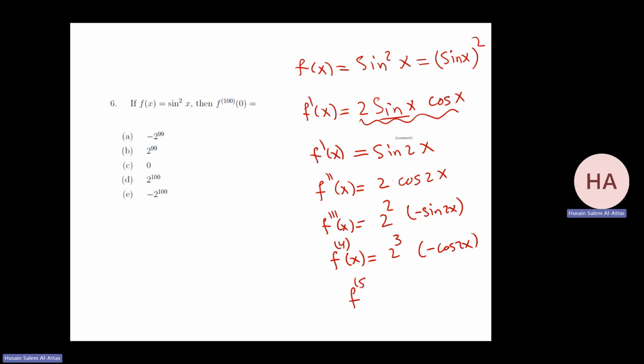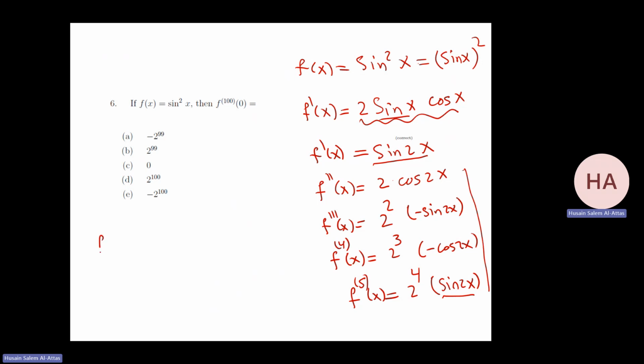The fifth will be what? Sine 2x, 2 to the power 4. So this is what I started with, the f prime. So this is the repetition.